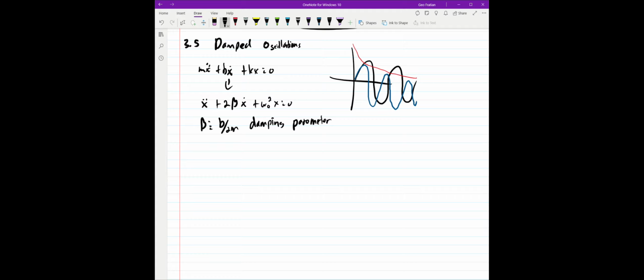Now, the roots of this equation are r1 is equal to negative beta, and so on. The textbook basically explains the math for you, but we don't really care about the math because we're not mathematicians. If we have a hard math problem, look it up online or ask your friendly neighborhood mathematician.